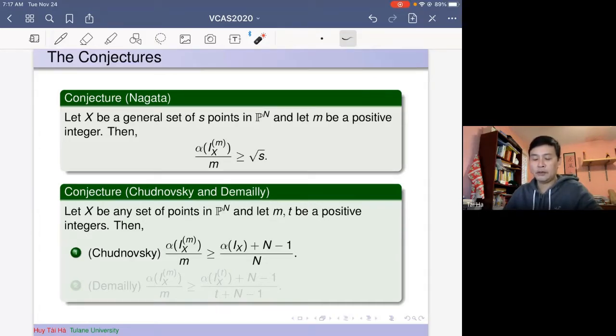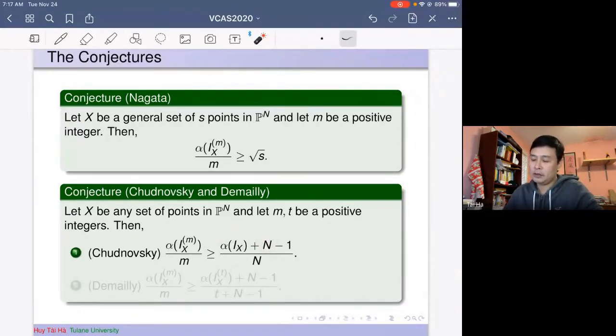Chudnovsky conjectured that if you take any set of points instead of a general set of points, then this quantity alpha of I_X to the symbolic power m over m, the least degree that we're looking for, is always bounded below by alpha of I_X plus n minus 1 over n, where n is the dimension of the ambient space.